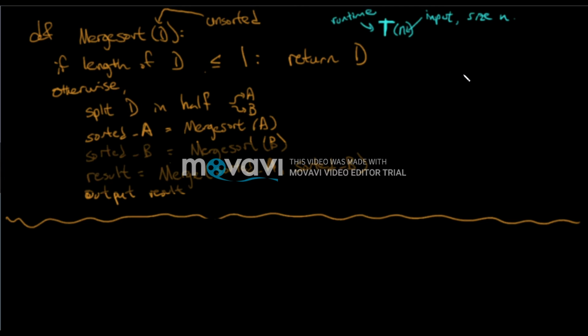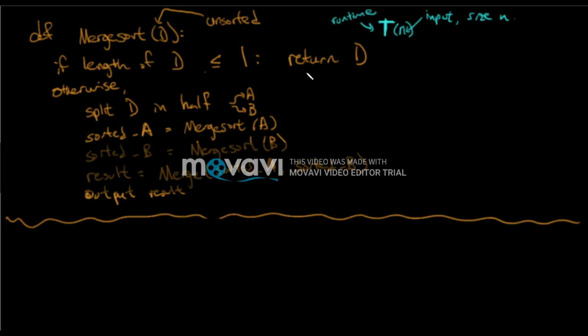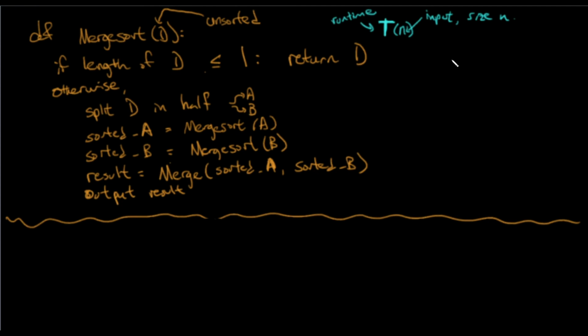We're going to go through each of these lines here and look at the runtimes of each. The first line is pretty straightforward. We check the length and check that it's less than or equal to 1, and then we just return that one value. Each of these is a constant operation. It takes a constant amount of time to do each of those things, so we're just going to denote that big O of 1.